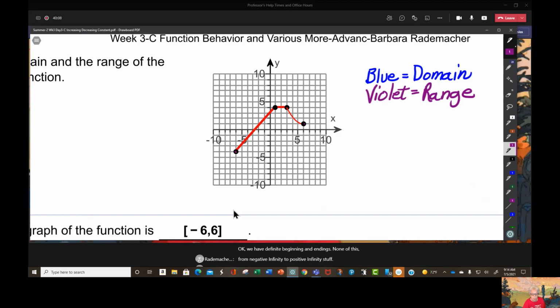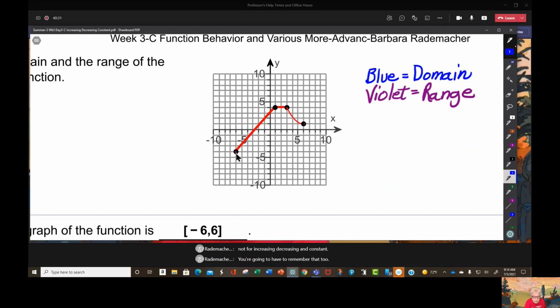What's more, when you have filled in dots, you use brackets for domain. For domain, you can use brackets when it's appropriate, but not for increasing, decreasing, and constant. You're going to have to remember that too.